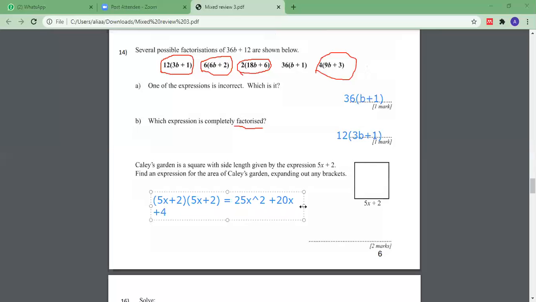Okay, so the final answer will be 25x power 2 plus 20x plus 4. Because if I multiply 5x by 2 will be 10x, 2 plus 5x multiplied 5x will be 10x. If I added them, it will give me 20x. Okay, let's see the next question.